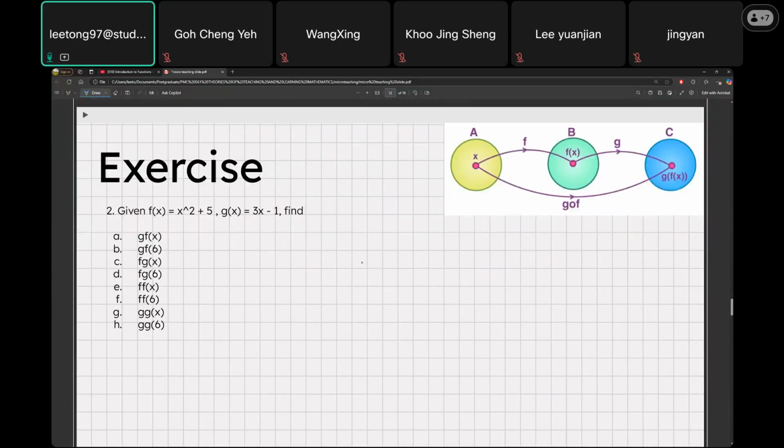Next. From here, ffx is where we go through the function twice.